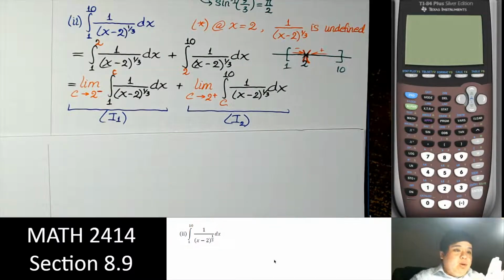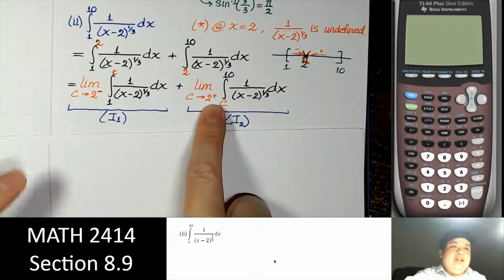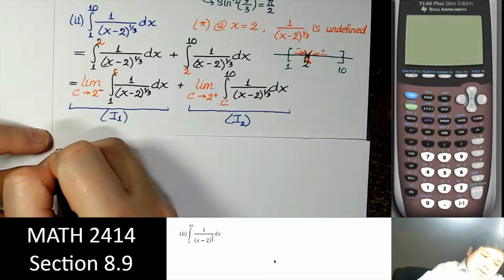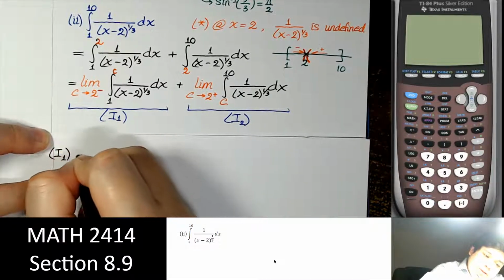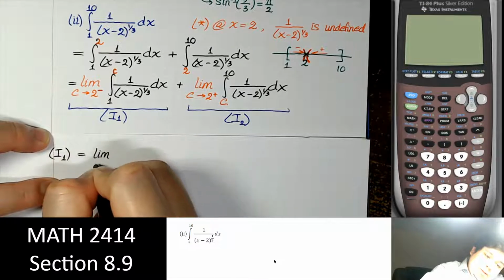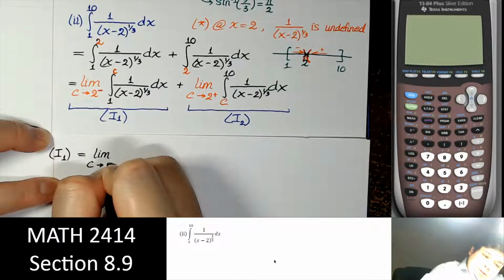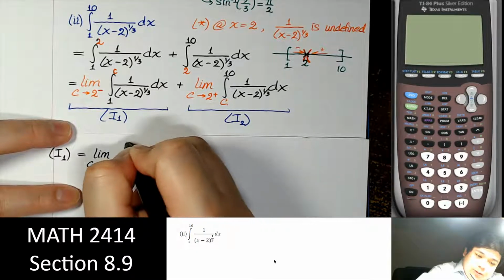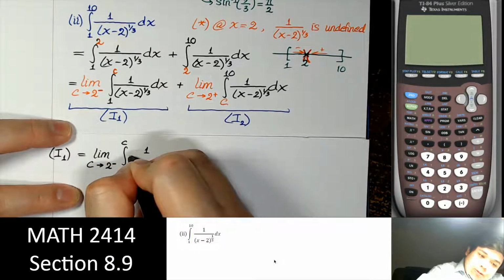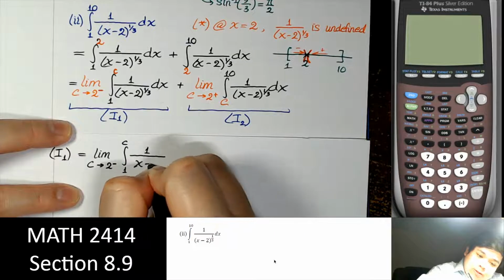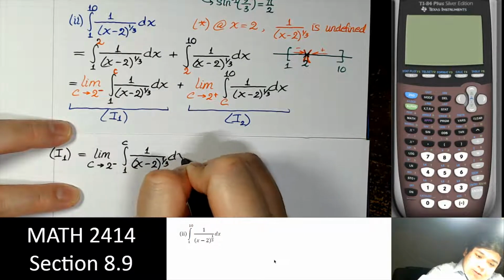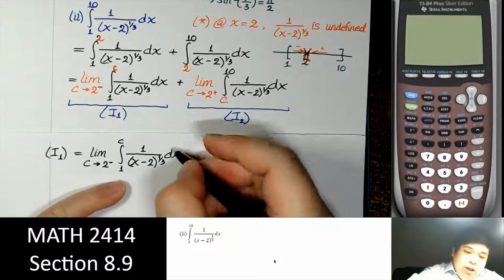If it is in the middle, we have to split in two, one on the plus sign, one on the minus sign. So first we do this.